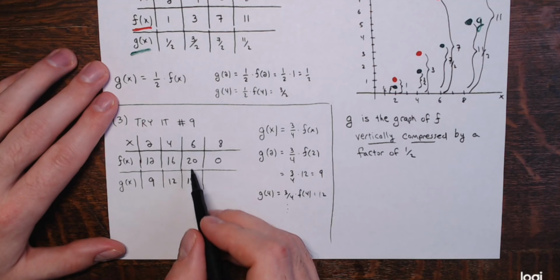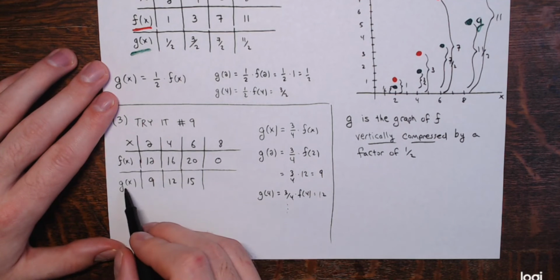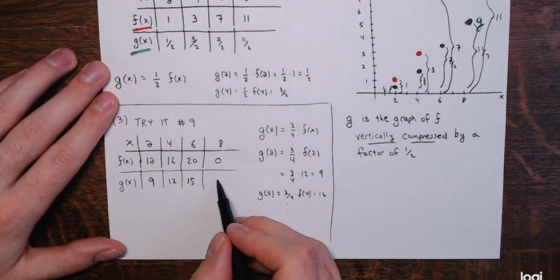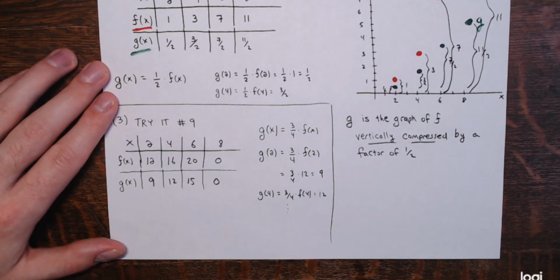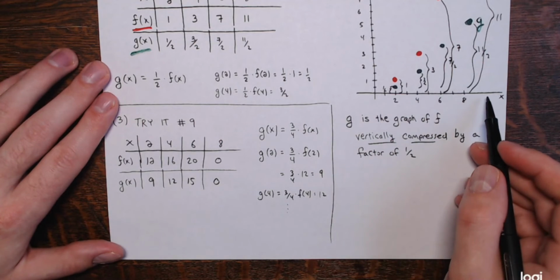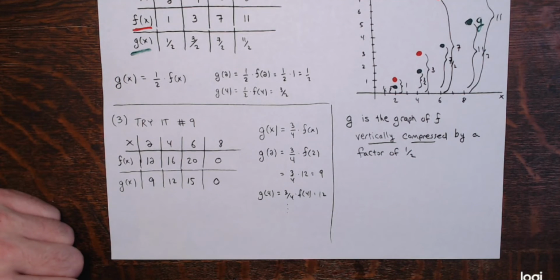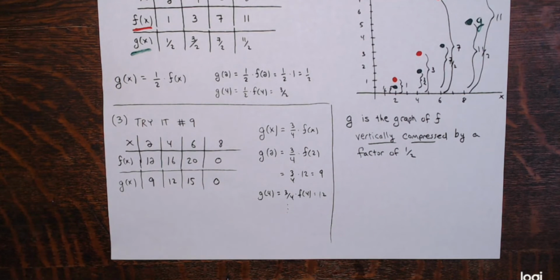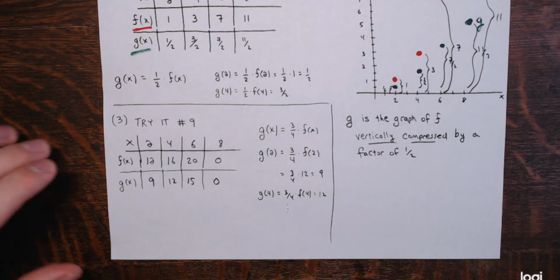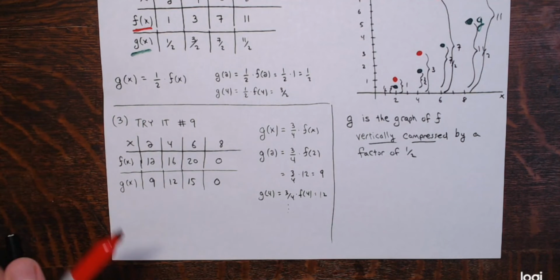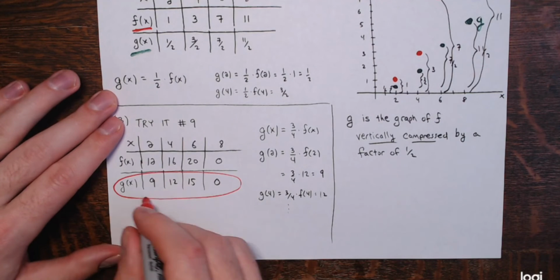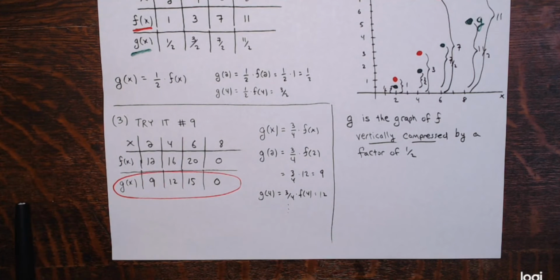So you have 6, 15 on the graph of g. And 3/4 of 0 is 0, so you'd still have the point 8, 0. Any point that's on the x-axis can't be pushed any closer to the x-axis. It's already on it. All right, so here's the table they wanted, the outputs for g with those inputs of 2, 4, 6, and 8.